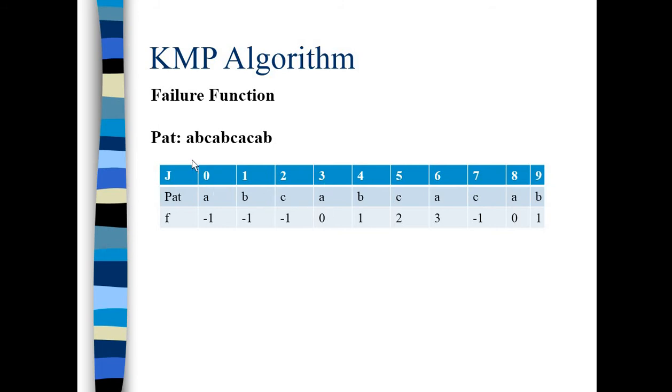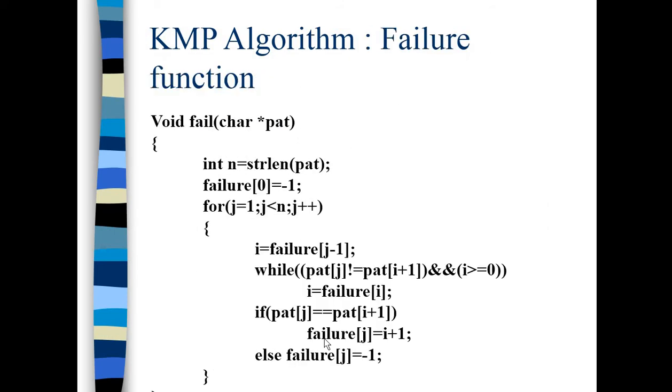If both of them are equal, we have to put failure of j equal to I plus 1. The I value is presently minus 1. Minus 1 plus 1 is 0, so that we have to copy here. Otherwise, in failure of j we have to put minus 1.